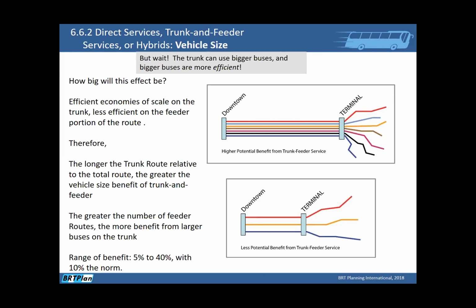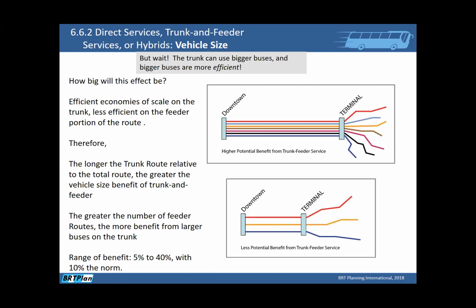Similarly, if you have a very large number of feeder routes that are channeling your demand onto your trunk, again, you'll have more benefits from your trunk and feeder system than if you have just a few feeders. So this diagram shows you if your corridor looks like the top diagram where you have many, many feeder routes that all join together and then travel a very long distance on a common arterial, that looks like a better case for a trunk and feeder BRT.